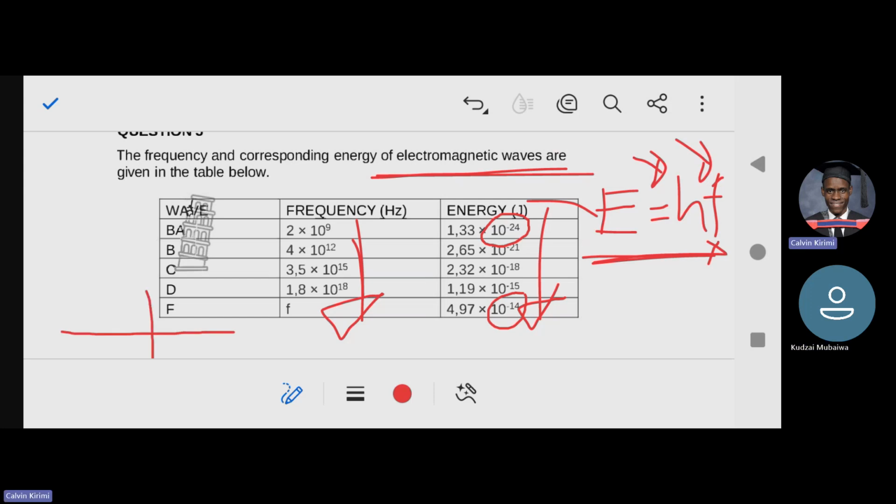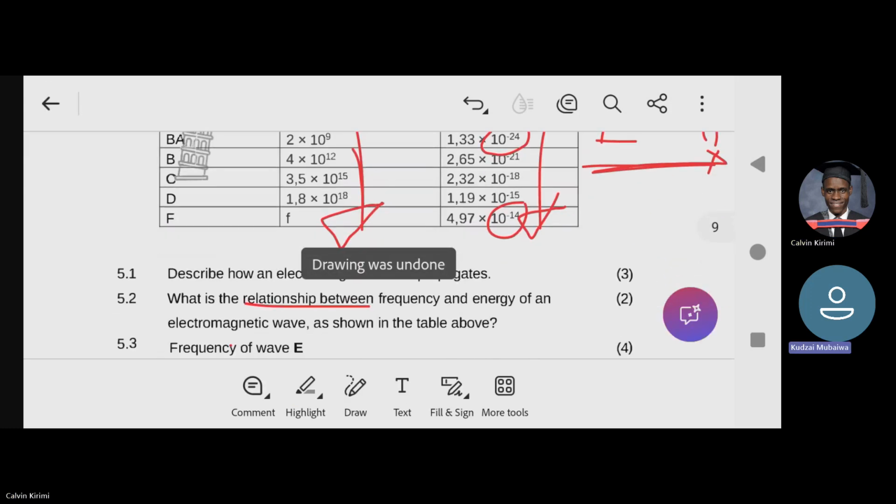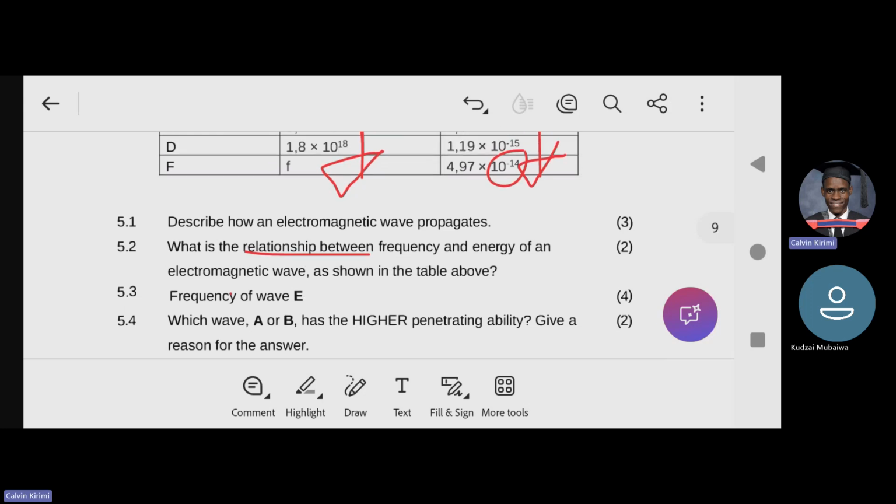Negative 24 is further to the left, so negative 14 is bigger, from our knowledge of integers. So the relationship: when energy increases, frequency increases, which is directly proportional.